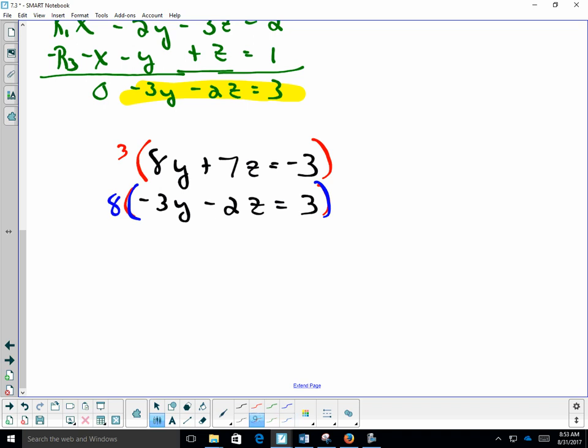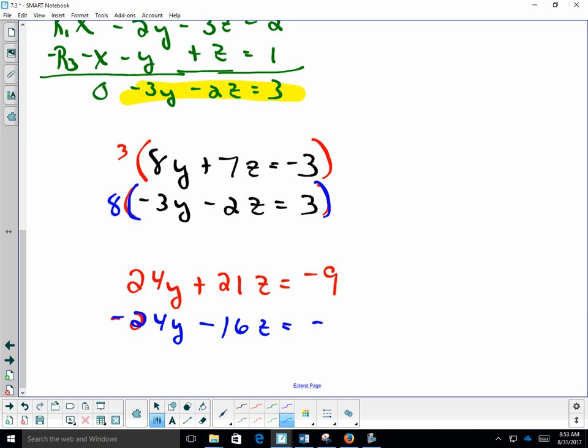So when I multiply the top equation by 3, I'm going to have 24y plus 21z is equal to -9. When I multiply the lower equation by 8, I'm going to have negative 24y minus 16z is equal to 24.